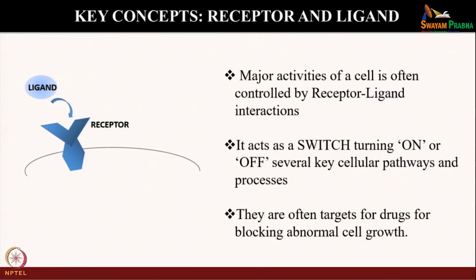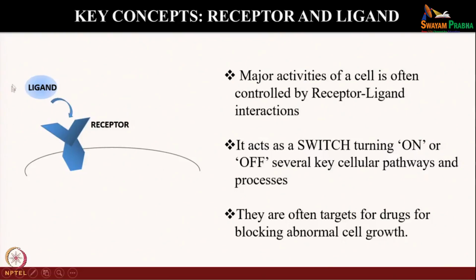Furthermore, let us learn about receptor and ligand. Major activities of a cell are often controlled by receptor-ligand interactions. It acts as a switch turning on or off several key cellular pathways and processes.